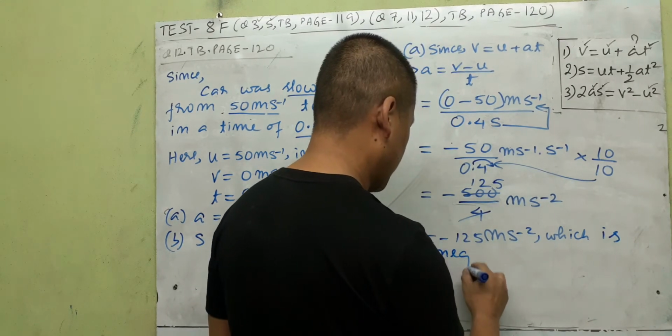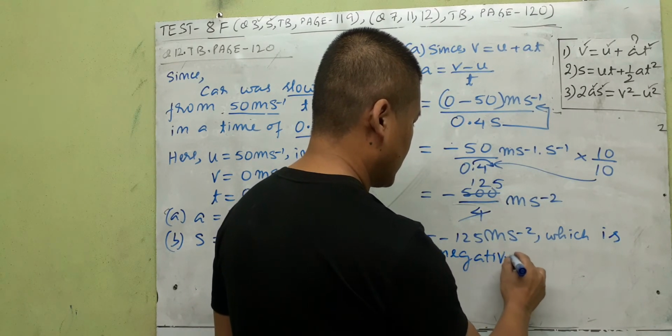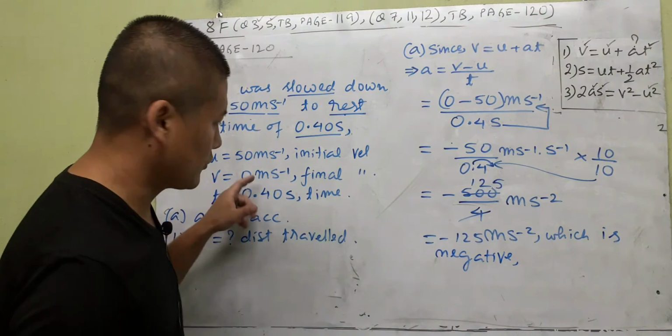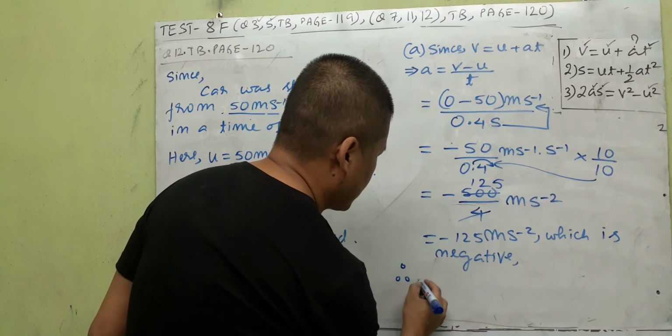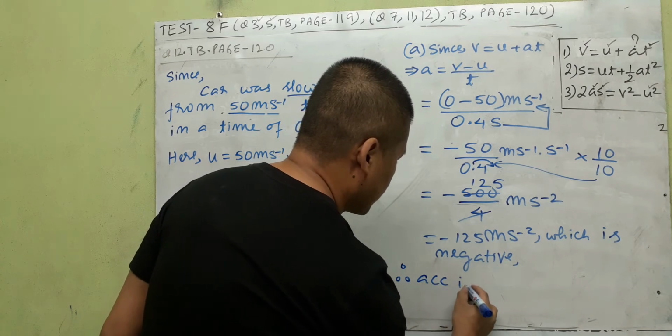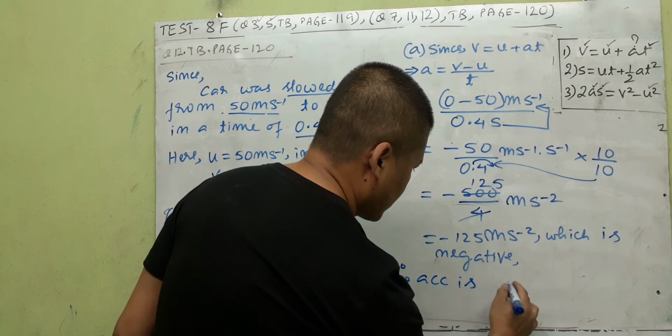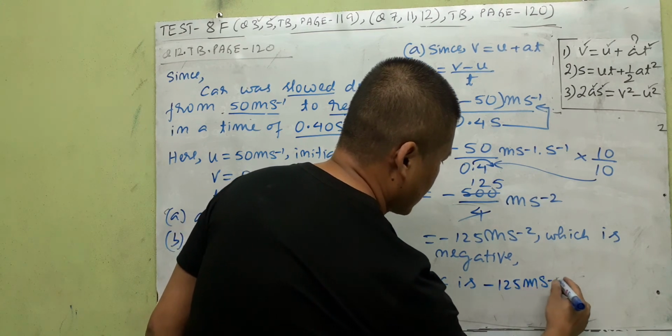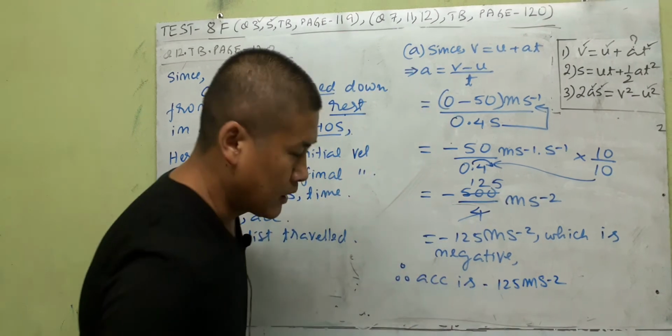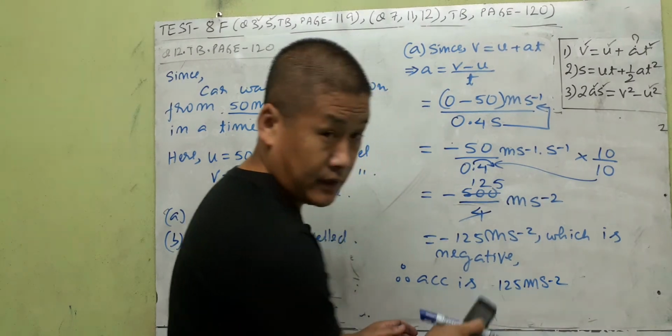negative. That means minus. That's correct, because the car is slowing from 50 to 0, so surely it should come out as negative acceleration. So we will write our answer like this. Therefore, acceleration is minus 125 meter per second square. Or even if you don't write the minus, it's fine in the last step.